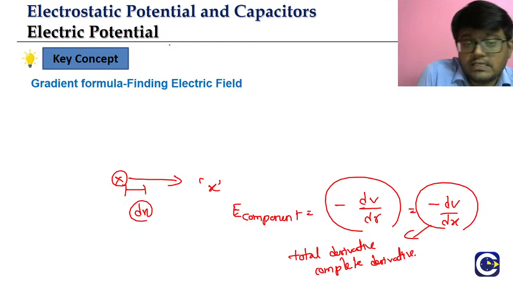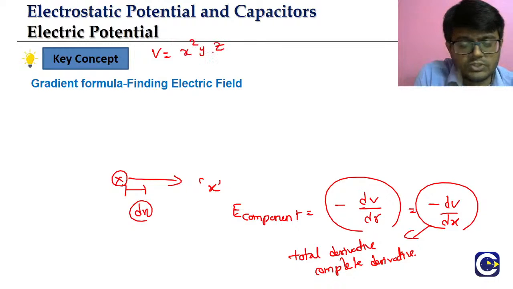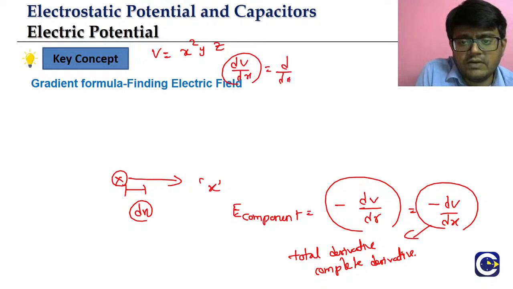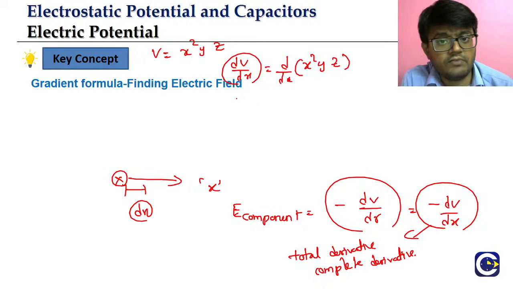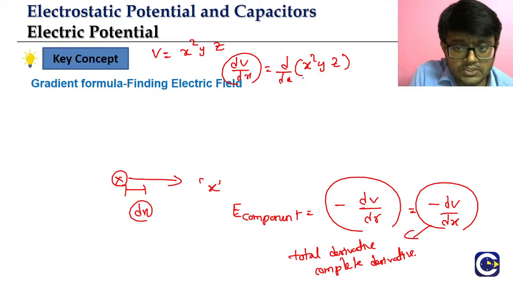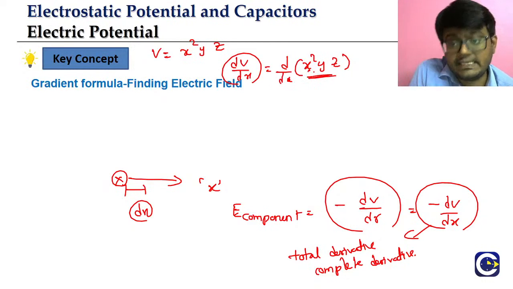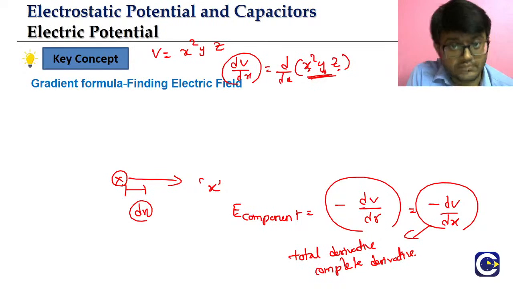Let me give you one sample mathematical function. Say V is equal to x squared yz. When we want to calculate dV by dx, we have to take the derivative of the function with respect to x. In that derivative we treat x as a variable, y also as a variable, and z also as a variable.